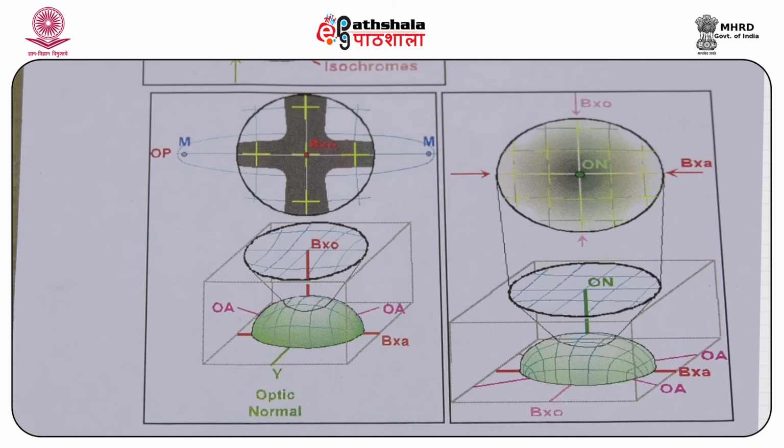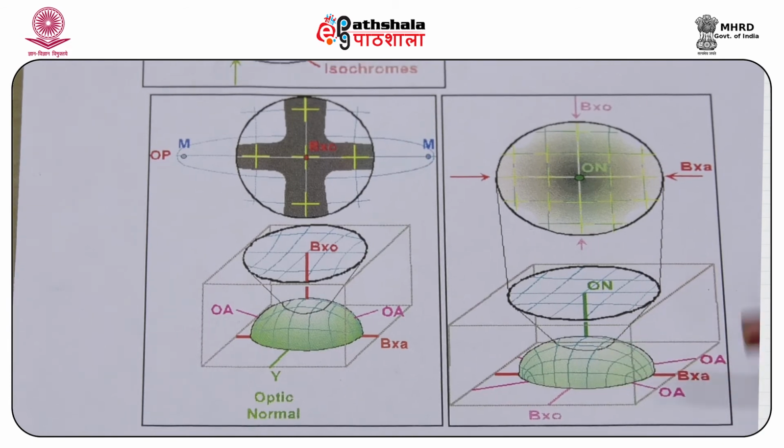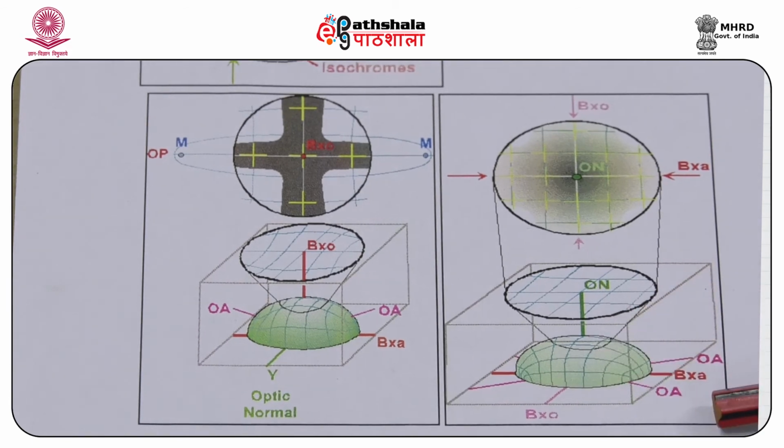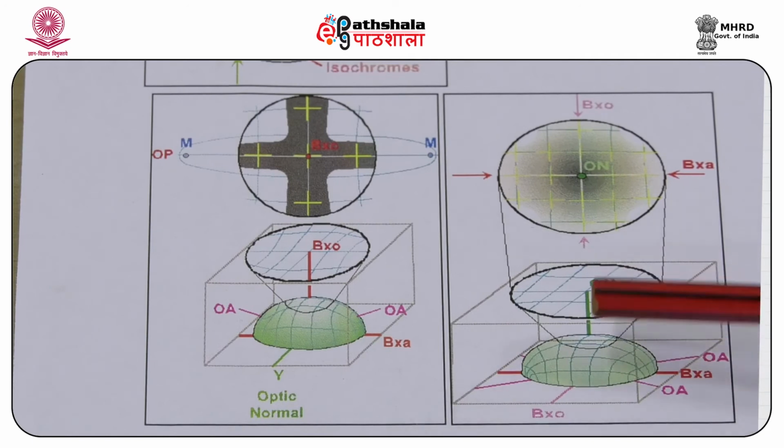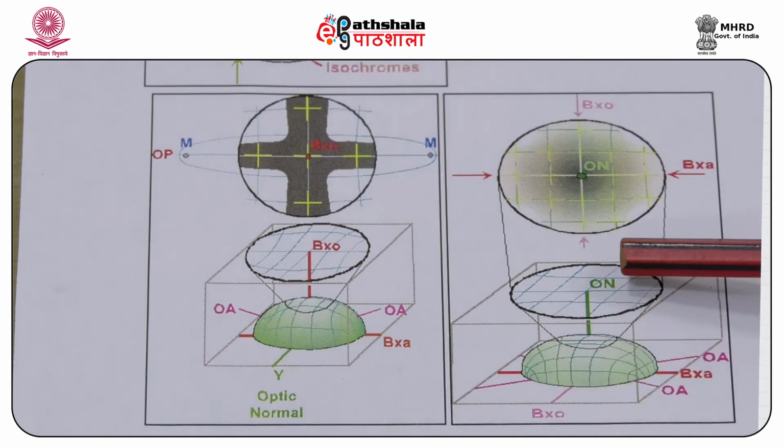Here you can see the acute bisectrix and the obtuse bisectrix. This is the acute bisectrix. Here we have the optic axes, which are all lying horizontal, and the optic normal is vertical to it.